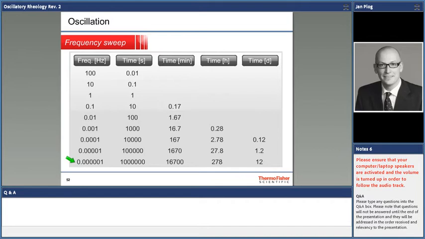But always keep in mind that one oscillation cycle at, for instance, 10 to the minus 7 hertz takes roughly 12 days. To generate one valid data point, you need at least 3 oscillation cycles. That is 1 month. Yes, we can do it if you have the time to wait for it. And again, the high frequency limit is 100 hertz.